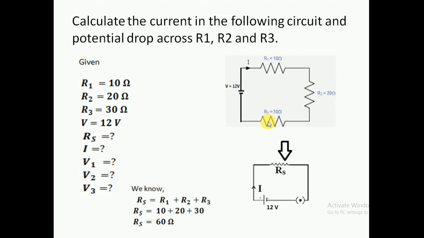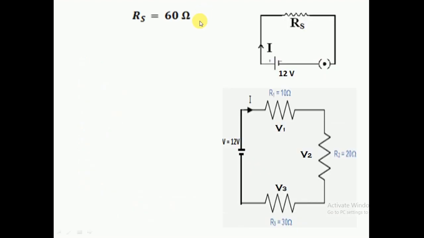As we all know, these three resistors are connected in series, so I have to add them, because the formula for RS is R1 plus R2 plus R3. So 10 plus 20 plus 30 is 60 ohm. So the combined resistance RS is 60 ohm.